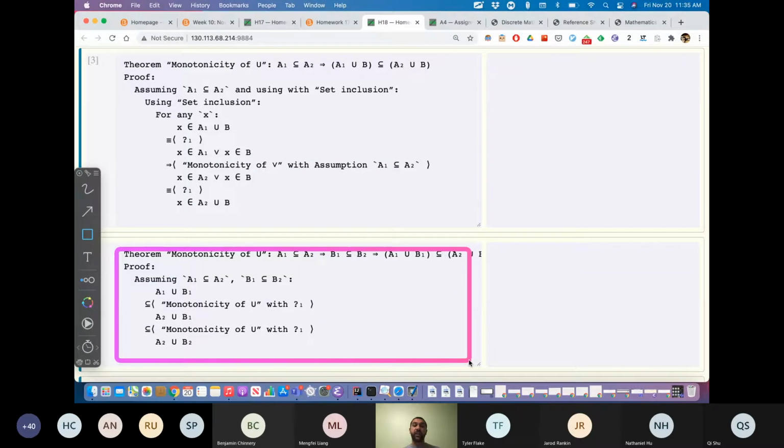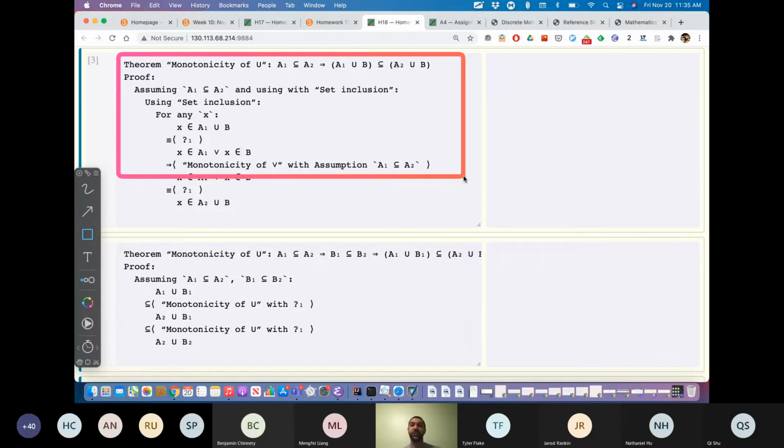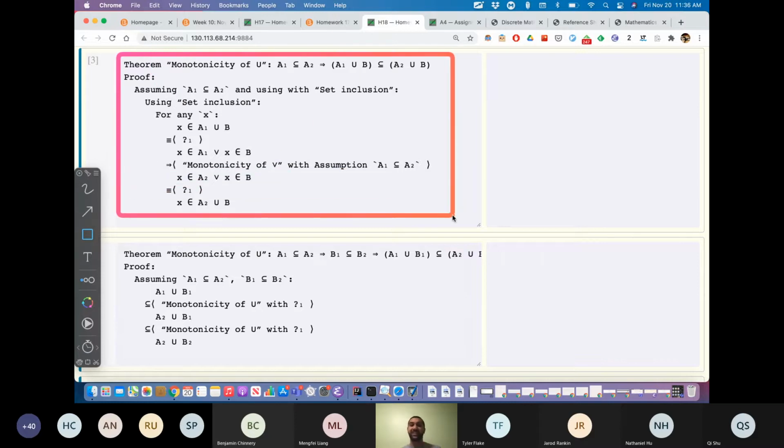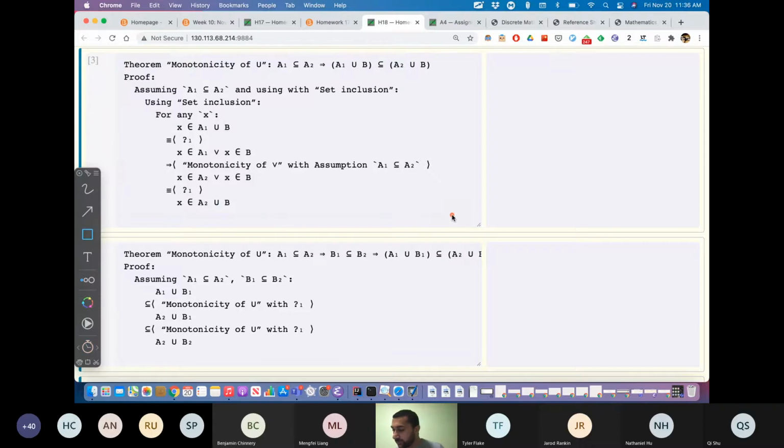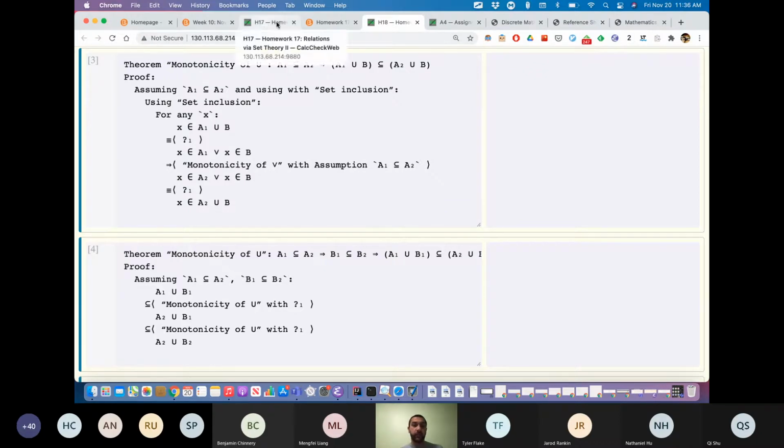Sometimes having just the minimal setting can be very efficient for proofs, whereas working with an interpretation can be quite messy. Lots of variables to worry about. So I hope that helps. So hopefully that's what we're doing there with homework 18 to reinforce assignment 4.